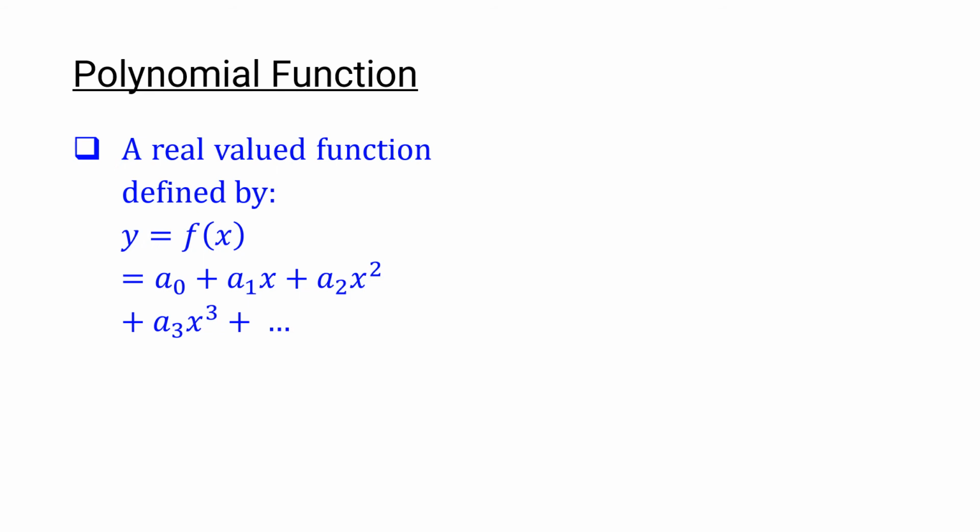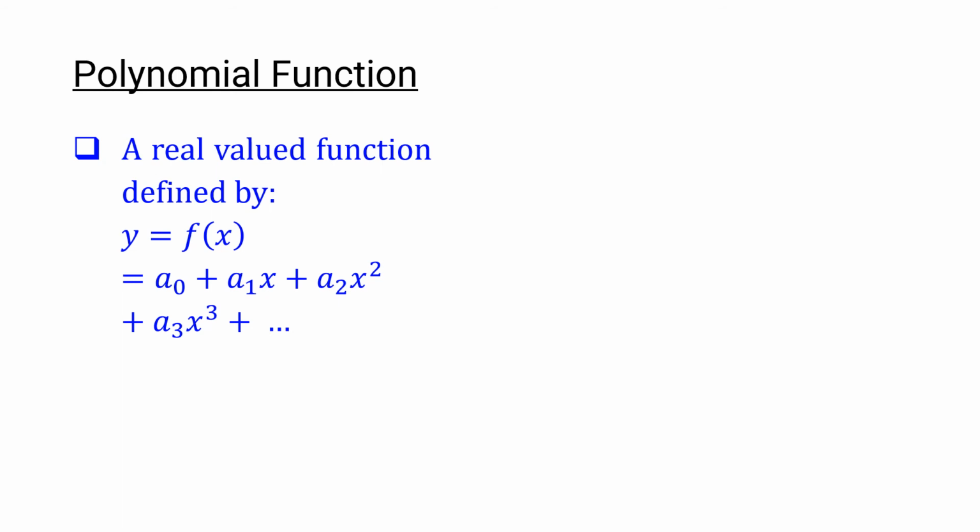Next common function is polynomial function. A polynomial function is a real valued function defined by y = f(x) equals a0 plus a1x plus a2x square plus a3x cube plus a4x to the power 4 and so on. a0, a1, a2 etc. are the constants. If all the constants except a0 and a1 are 0, then it is a linear function.